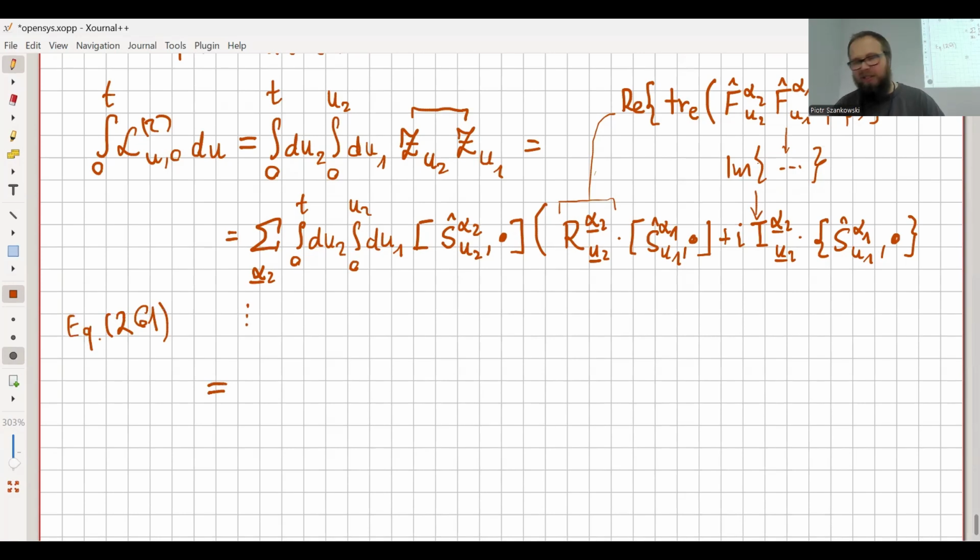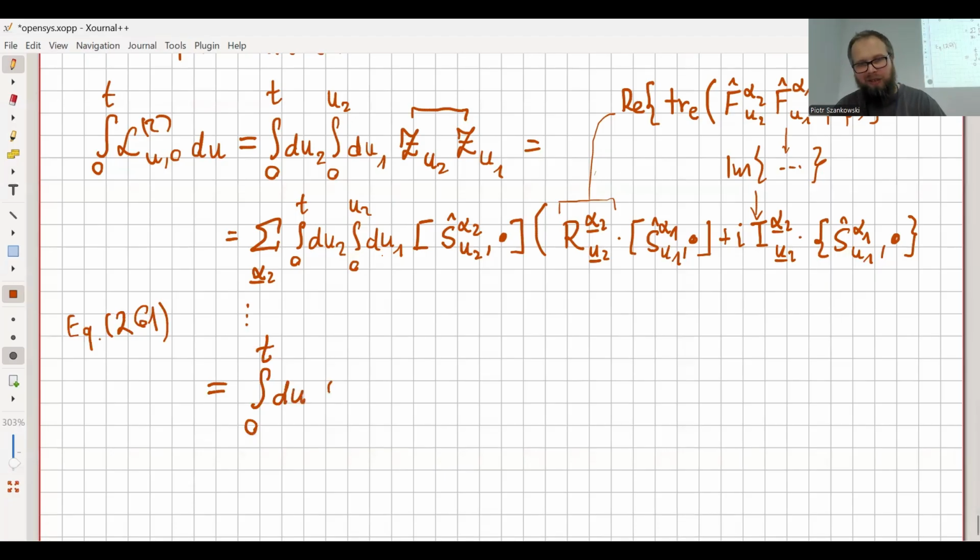When all is said and done, you move around the variables, change variables from U2 and U1 to the difference of U2 and U1, and do other necessary tricks. You can transform it all into something that looks much better. So you have the integral from 0 to t over du.